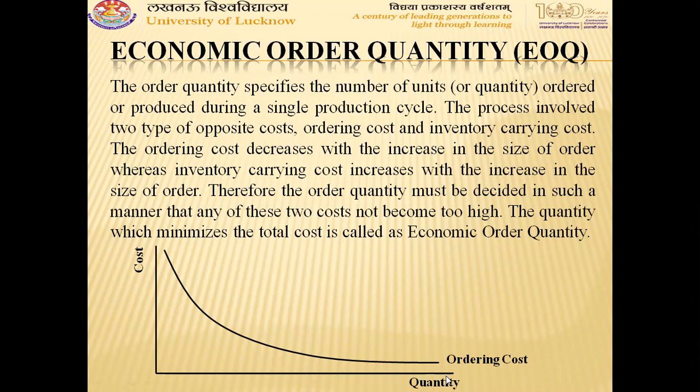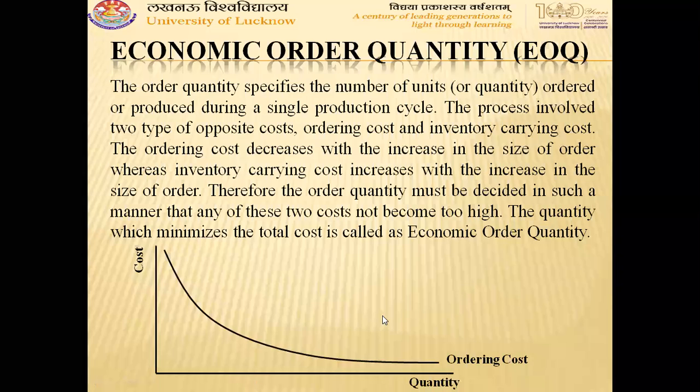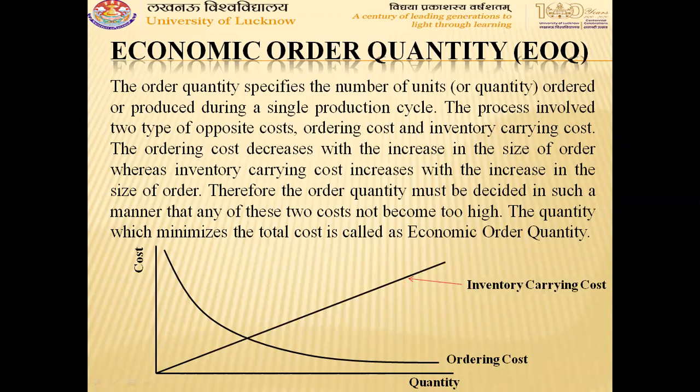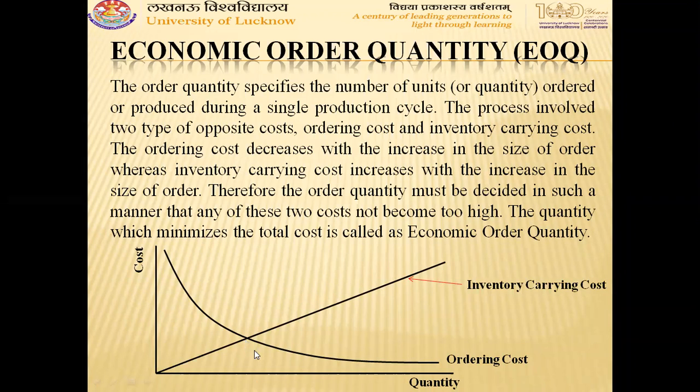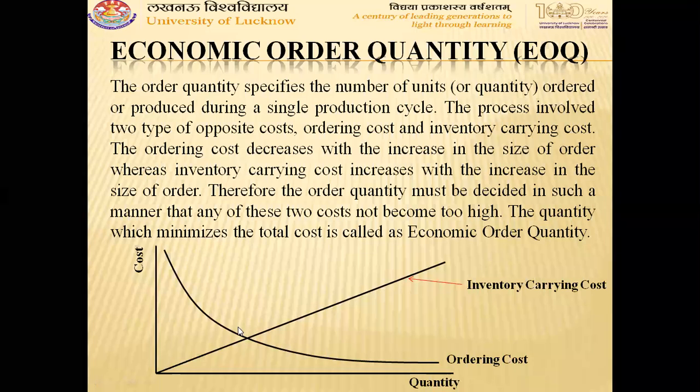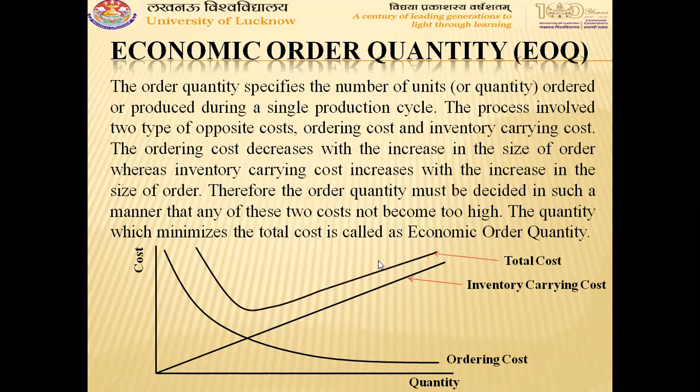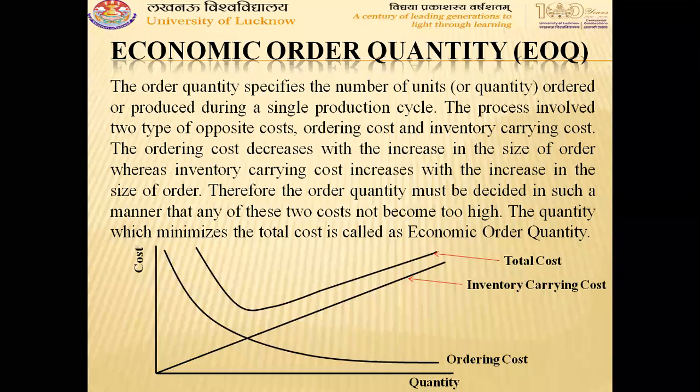That means if quantity increases then inventory carrying cost increases, so it will be the inventory carrying cost curve. For the total cost, since there is a sudden decline in the ordering cost, total cost first decreases, then when ordering cost becomes stable, the total cost starts increasing. That is how the total cost curve comes.